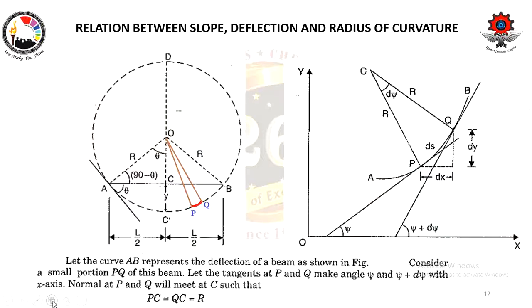Let us start with the derivation. Here you can see deflection of beam has been given as a diagram. Let us consider a beam AB which has deflected in this way, with the load acting at its midpoint.